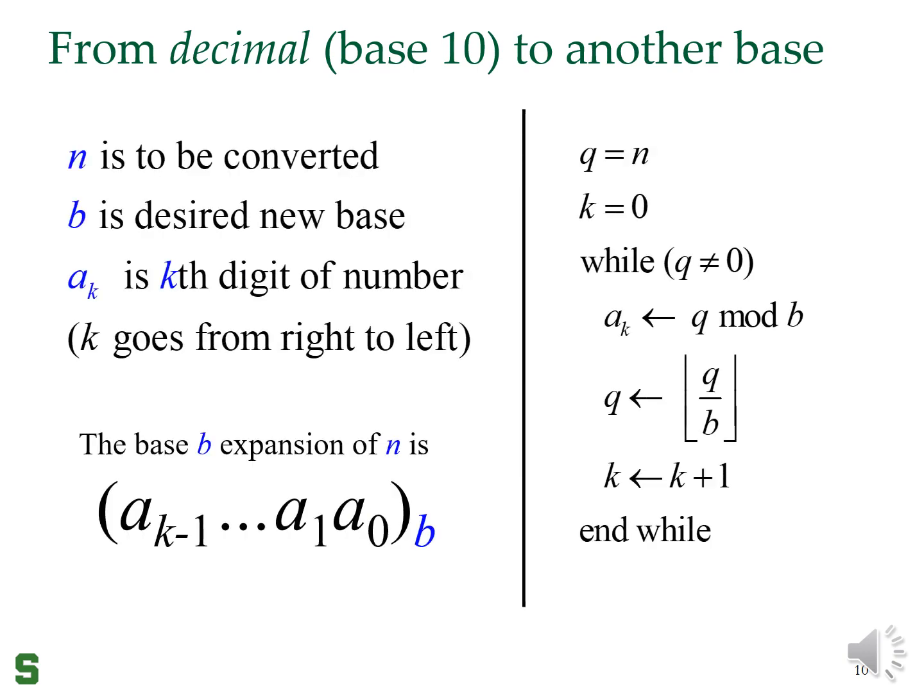This is how the algorithm would look in code form. Basically, I'm going to set the quotient to be n, and while the quotient is non-zero, we are going to find the digit by taking the mod operation, and we're going to find the new quotient by taking the floor operation of the division.